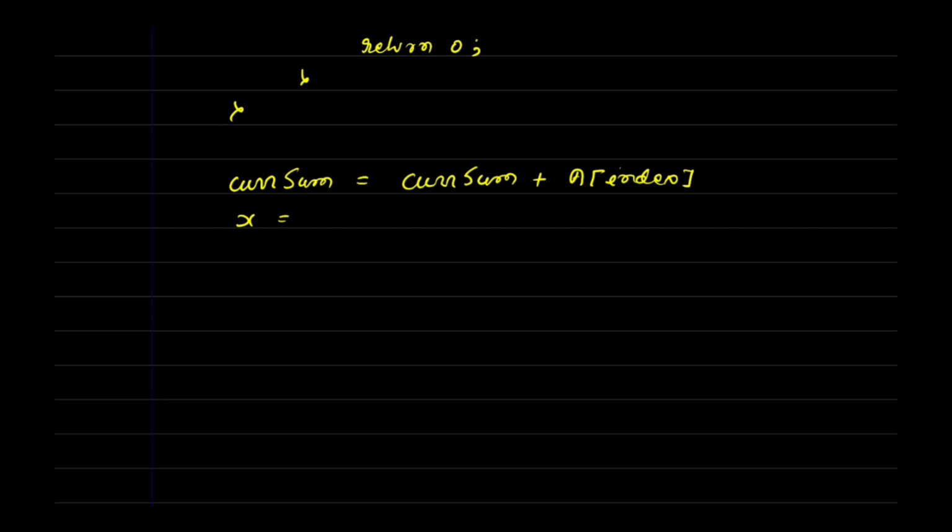We will store this value in x, and again call getSubsetWithSumK recursively to get the value and pass the index while increasing by 1.